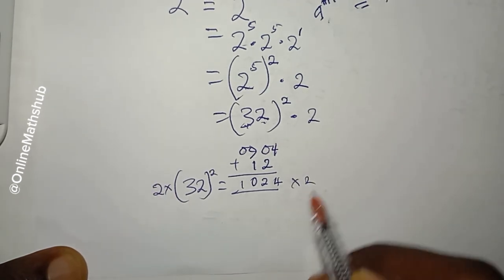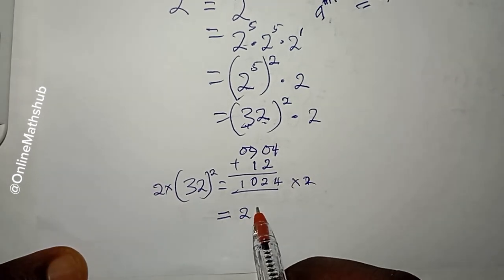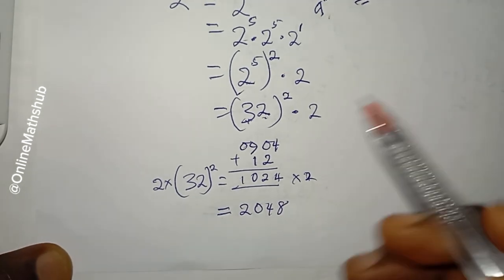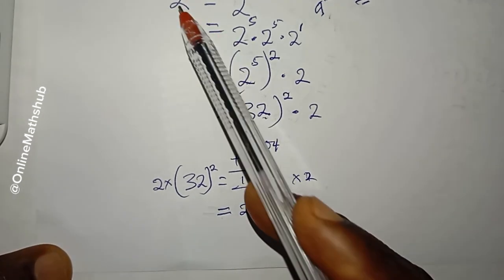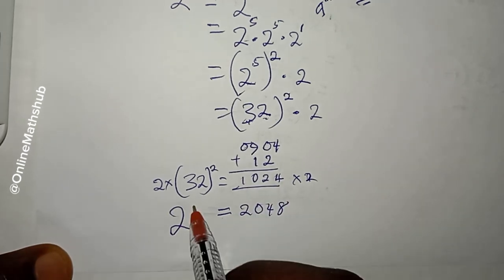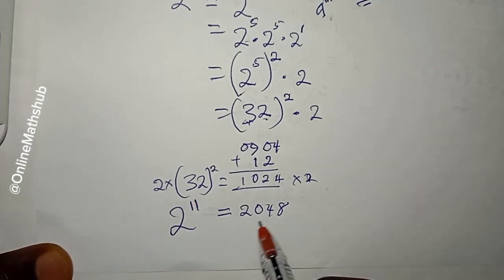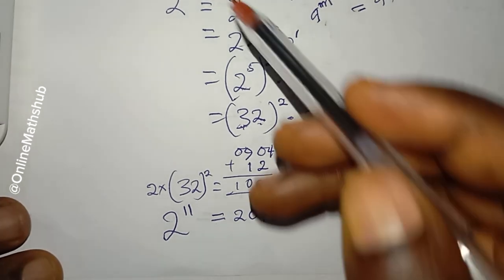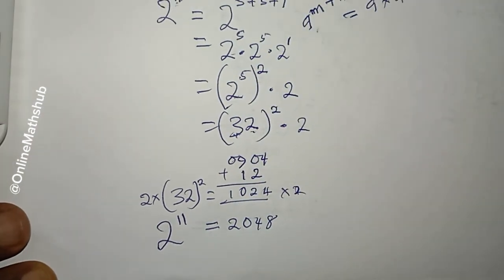If we now multiply it by 2, we're going to have 2048. So now that we've gotten 2 power 11, this 2 power 11 here is equal to 2048. We can now go ahead and substitute it into our question.